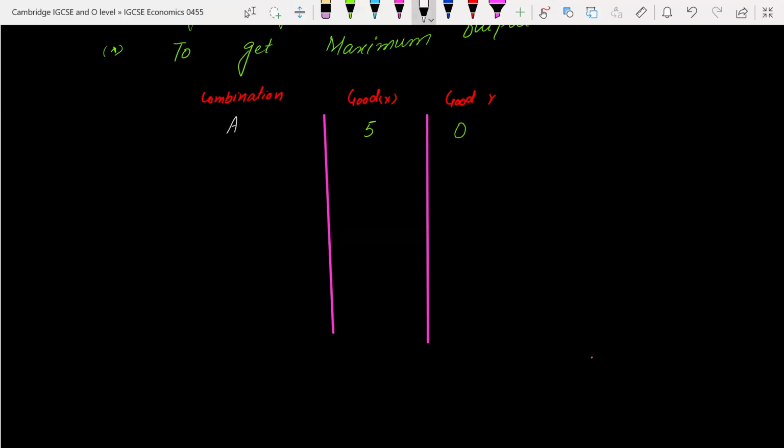Second combination, it can be like this. If you sacrifice units of goods X to gain units of Y, when you sacrifice one unit, then you will be able to get one unit of goods Y. Same like 3, 2, 2, 3, 1, 4. If you take 0, then it will be 5. These are all the combinations of two goods.